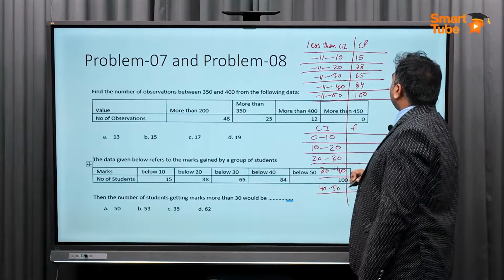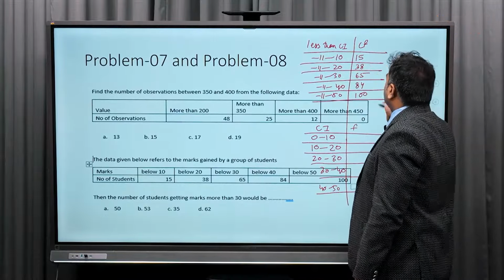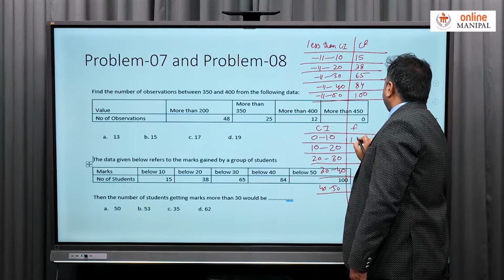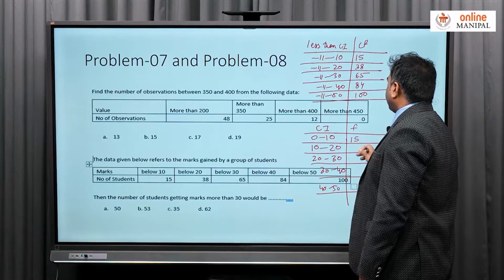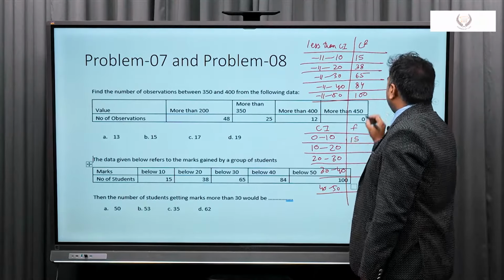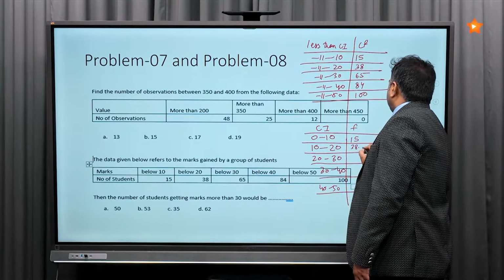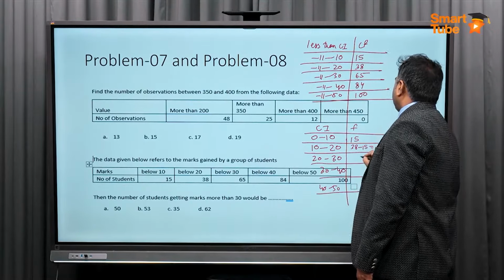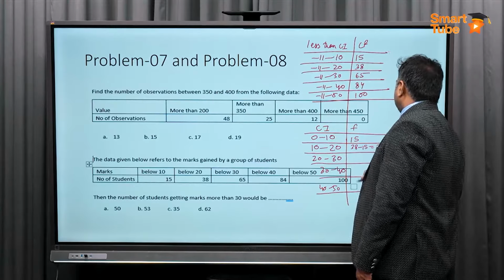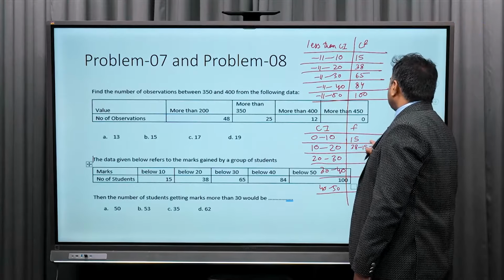If you see the frequency, less than 10 is 15, so I write 15. Then 10 to 20 would be 38 minus 15, which is 23.